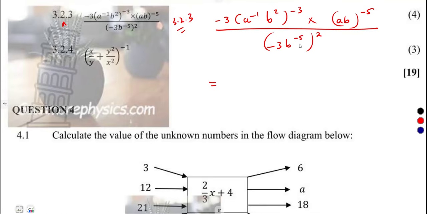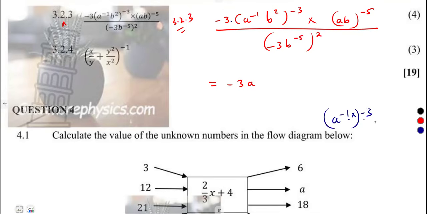So if you're to consider, the concept is still there, the exponent concept. Here, the exponents, all right? So negative 3 is not affected, it's just going to remain as it is. But the a is to the exponent of negative 1 to the exponent of negative 3.